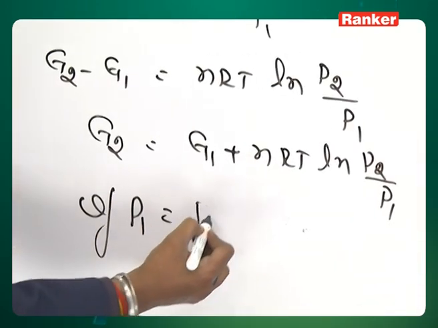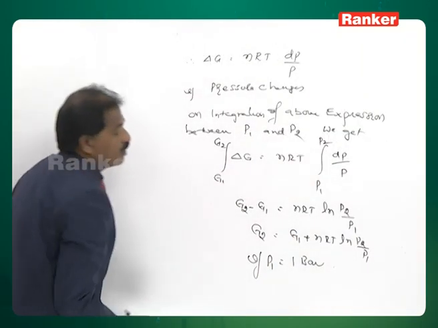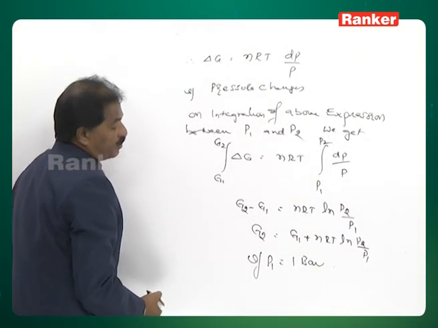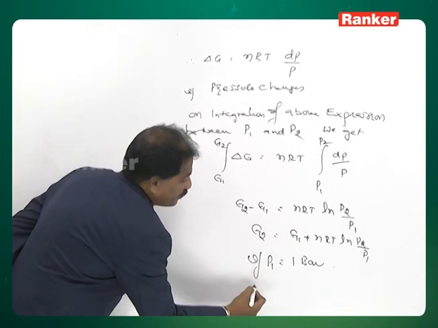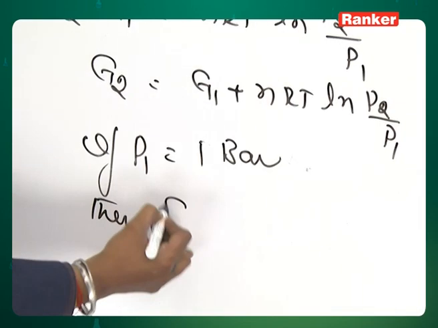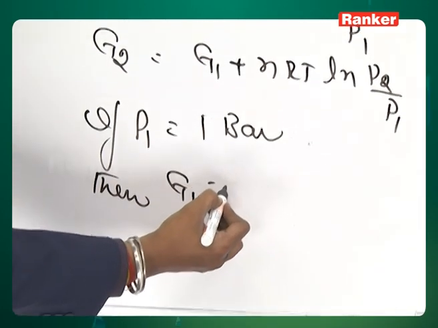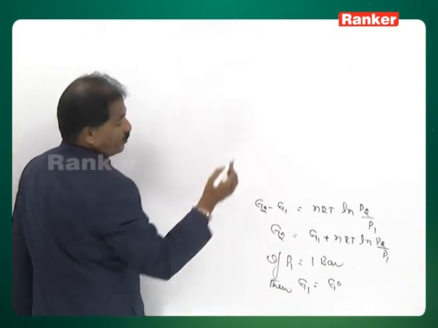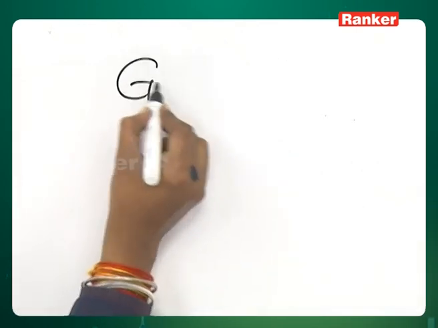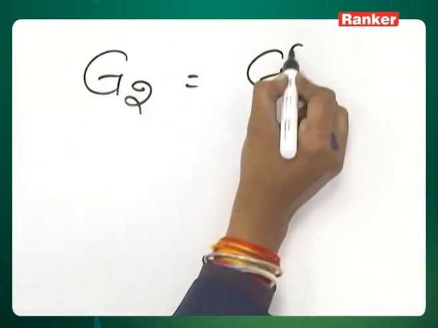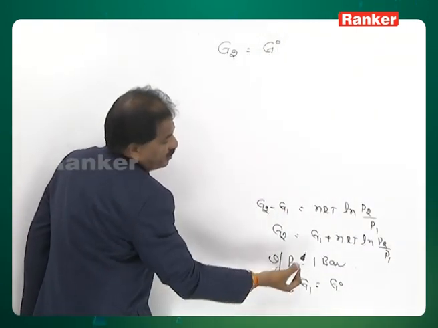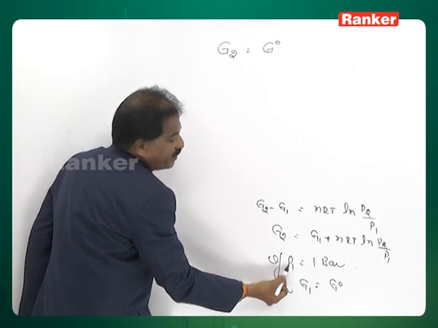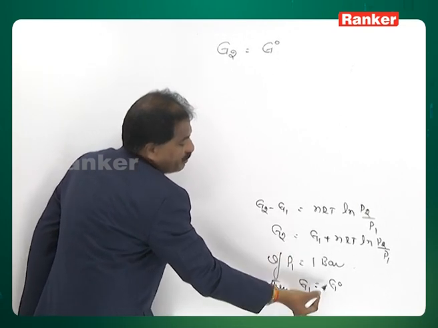If P1 is equal to 1 bar, then G1 is equal to G0, because when you take P1 as 1 bar, G1 will become G0.